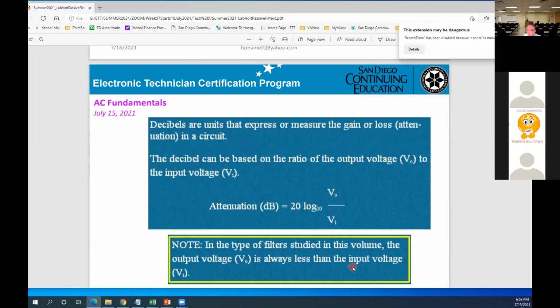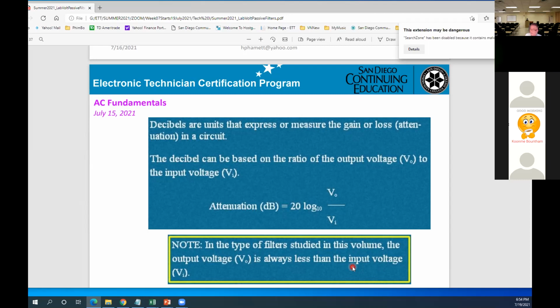So for this low pass filter and high pass filter, passive, the maximum output will be equal to the input. Output cannot be higher than the input. They have no gain. Gain equals 1.